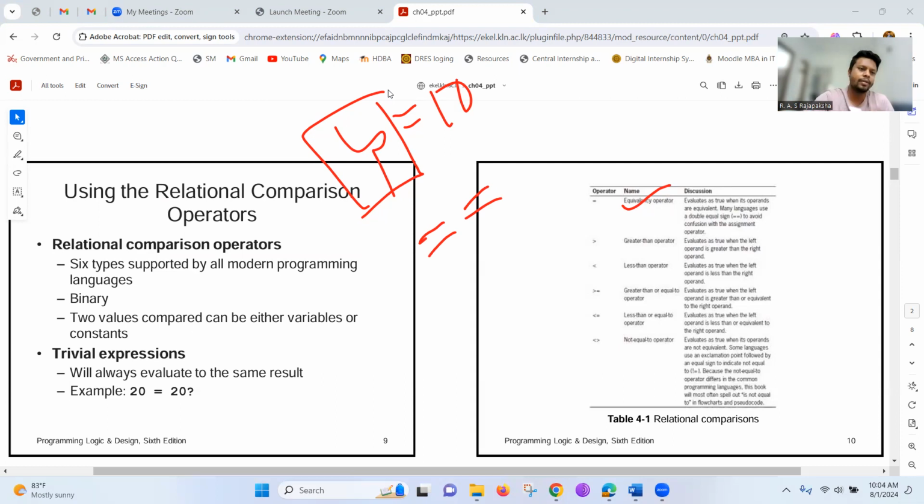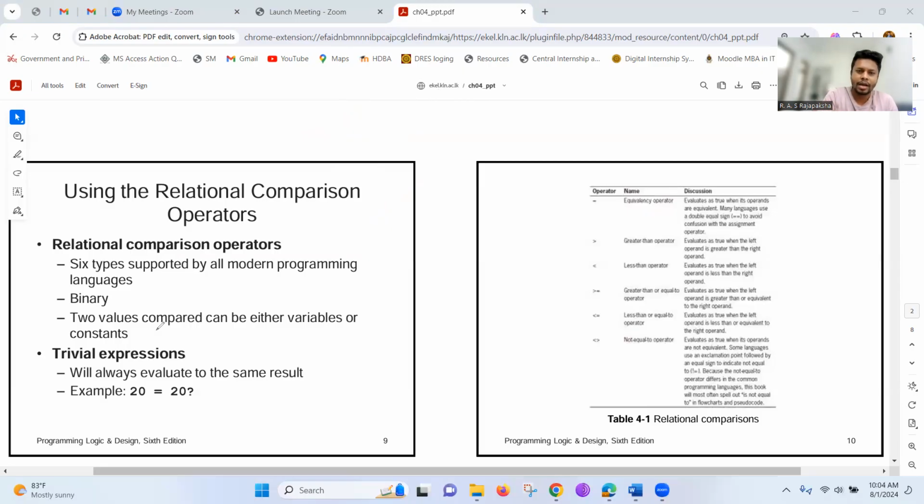Then the next operator would be greater than. If you are saying x greater than 5, it means this value should be 6, 7, 8, anything, but not less than 5 or equal to 5. It should be greater than, then it evaluates as true.